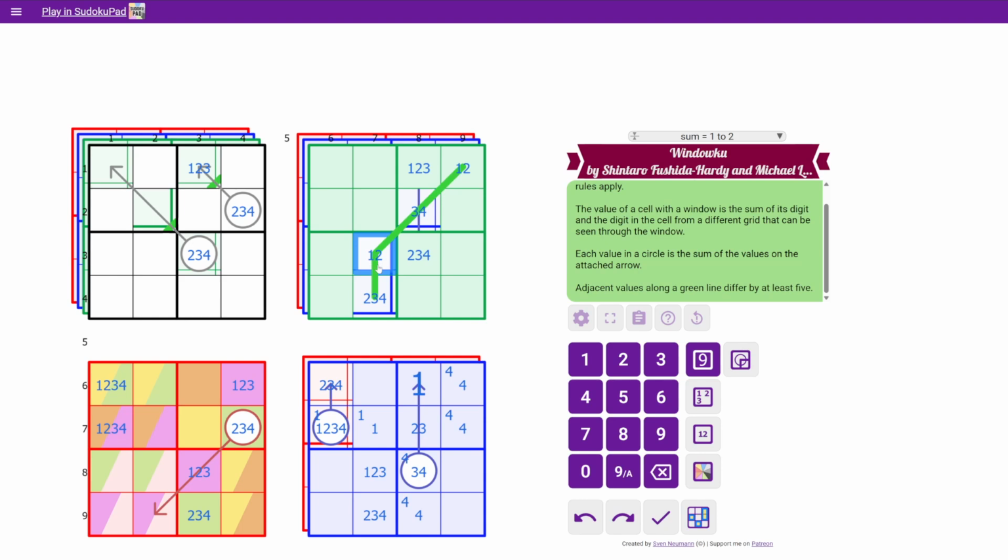This number has to remain low. It's going to be added with this. And it can't be 4, right? Can't be 4 because I can't make it to 9.